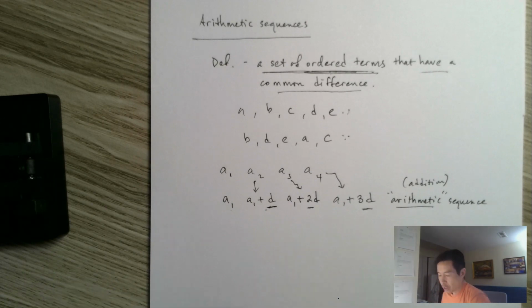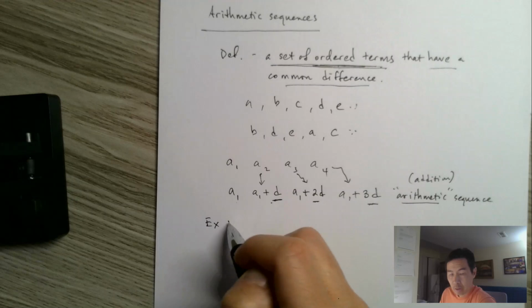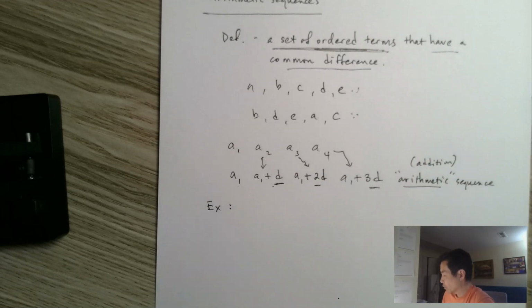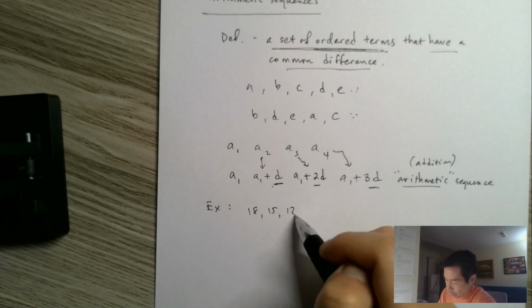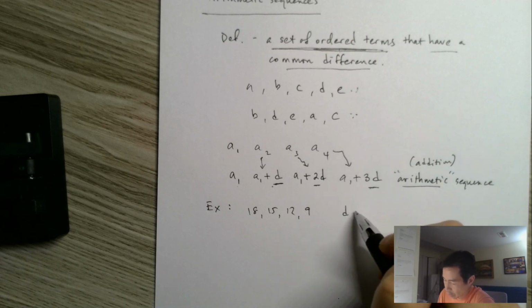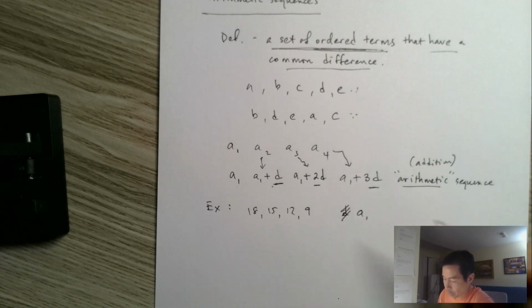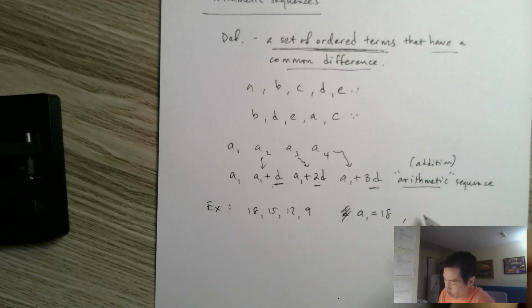Okay, so here are a couple examples. You could have a sequence 18, 15, 12, 9. This is an arithmetic sequence where, well, I'll start with the first term, A sub 1 is 18, and your D value is -3.